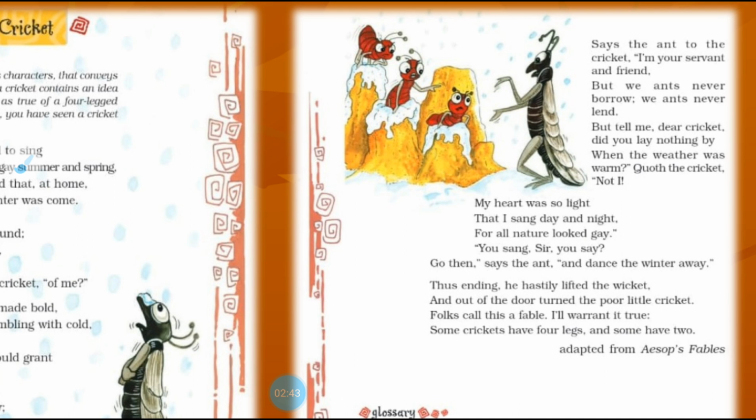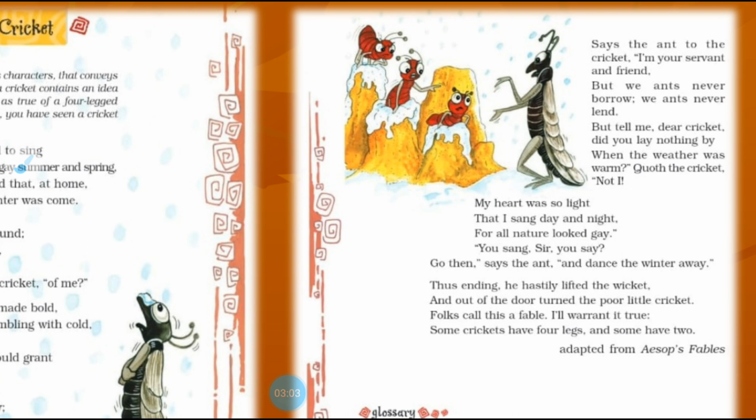So when the cricket went to the ant and begged for some food or a shelter for one or two days, the ant said that the cricket could be his friend, or even his servant.